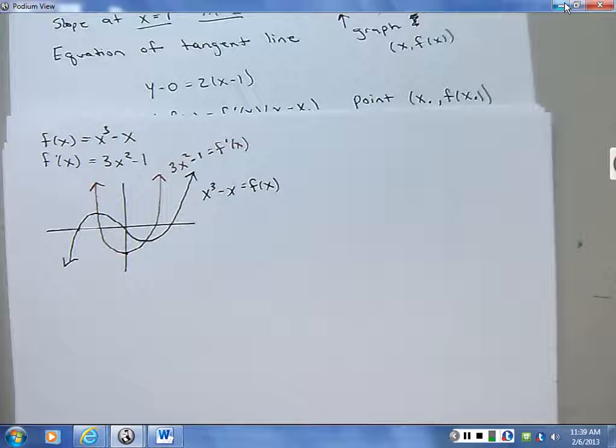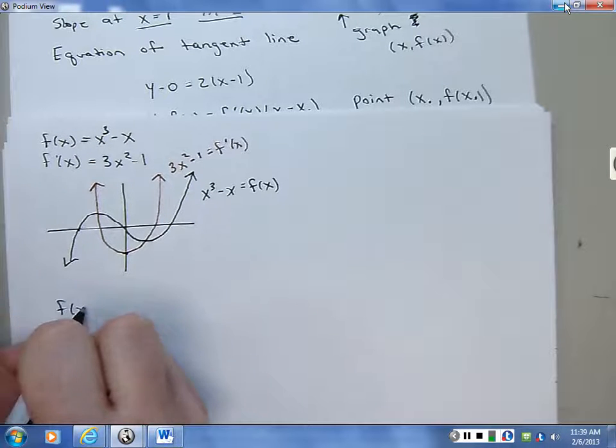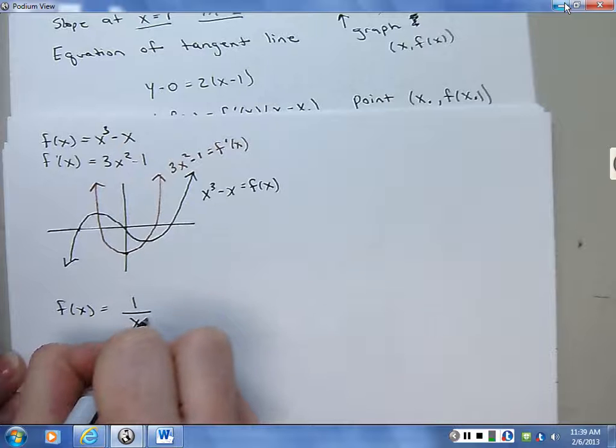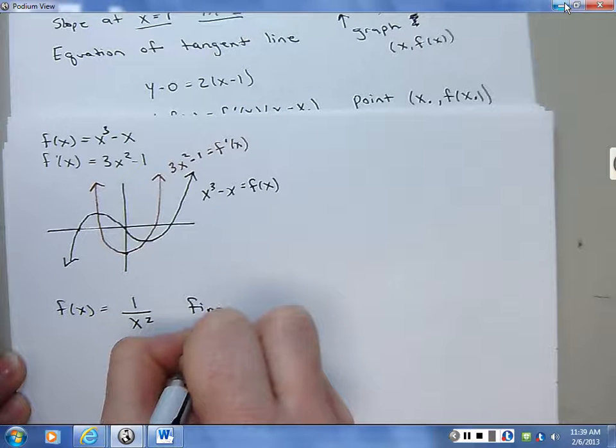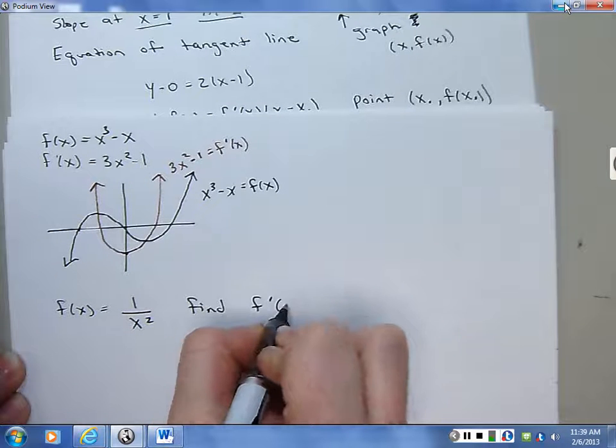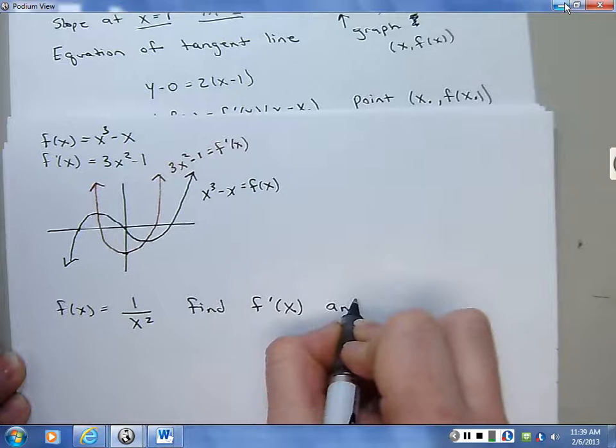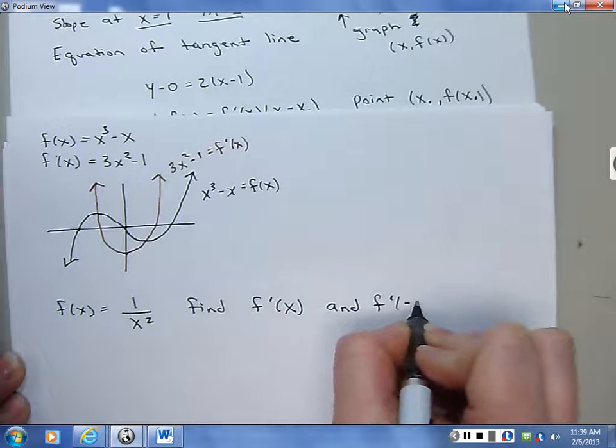So let's look at one more example. Yesterday, we did the example 2 over x. Do you guys remember doing that? Plugging in points. Today, let's say f of x equals 1 over x squared. Find f prime of x and f prime of minus 1.